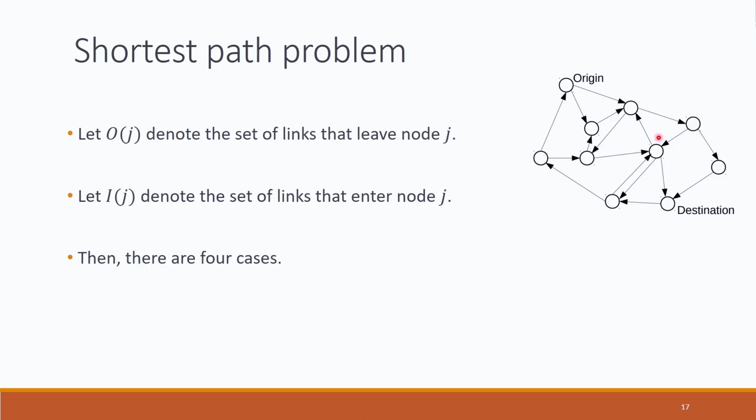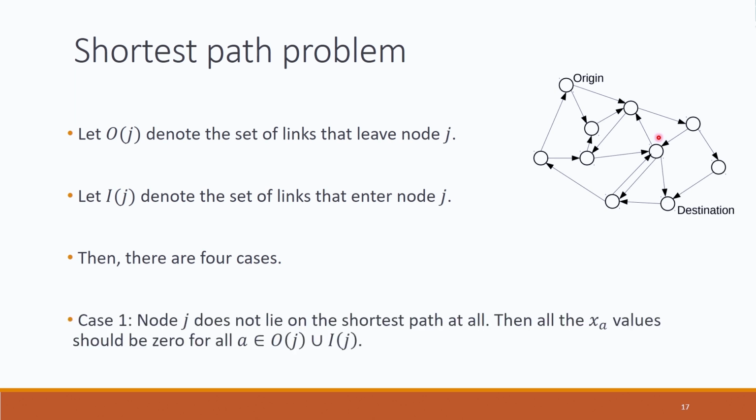Now we will be considering 4 cases. The first case is that a node J does not lie on the shortest path at all. So in that case, the xa value should be 0 for all of the links that enter that node J, and it should also be equal to 0 for all of the links that exit that node J. And why is that? Because you can see that, for example, this was the path that we finally selected.